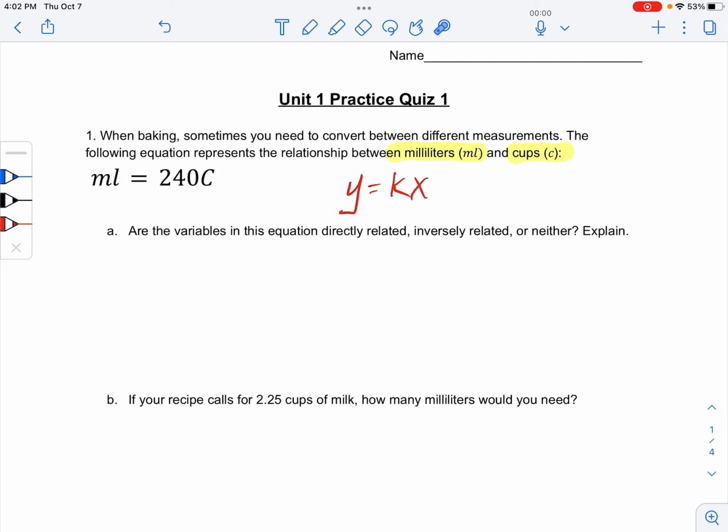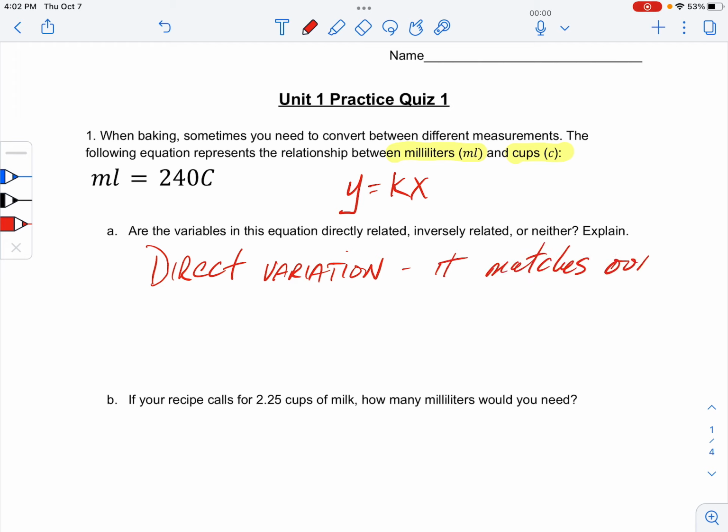So this is direct variation, and as far as giving reasoning, you could even just say that it matches our base form or direct variation form of y equals kx. And if it asked you for a constant of proportionality, you could say k equals 240.